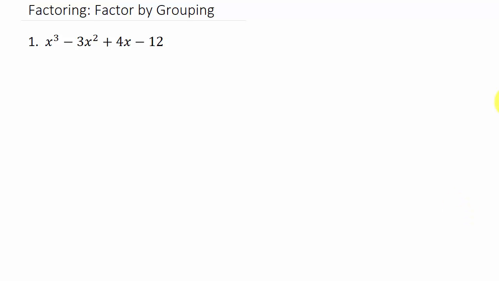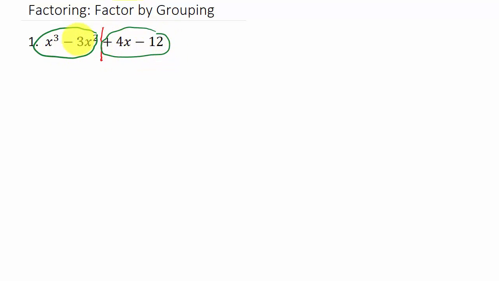In this video we're going to look at factoring by grouping. When you're factoring and you have four terms, what we want to do is try splitting it down the middle, and then we look at the first part and the second part.